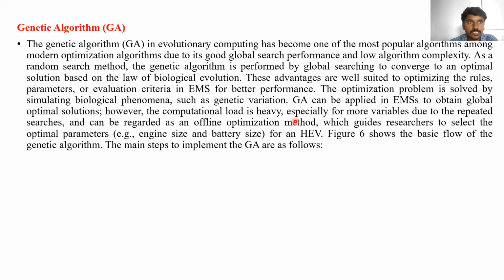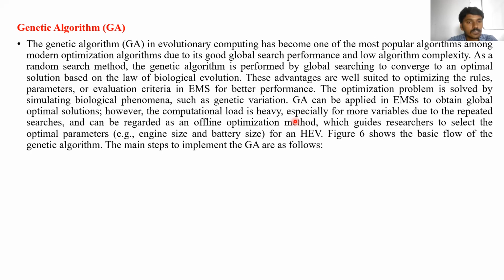So what we can say here is that the researchers have proposed a technique which can be called the genetic algorithm. By using this method, it is very easy to select the optimal parameters or optimal components for hybrid electric vehicles or electric vehicles.